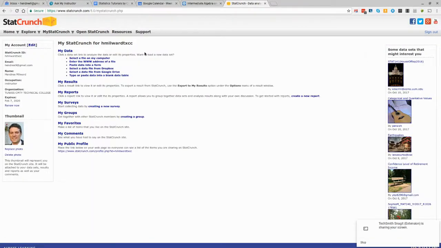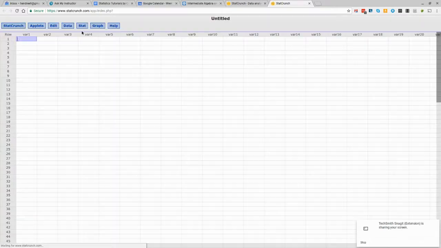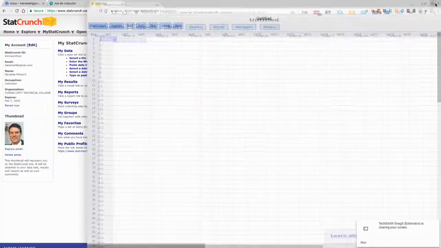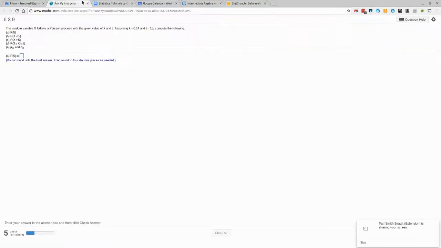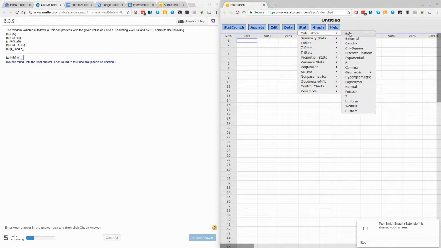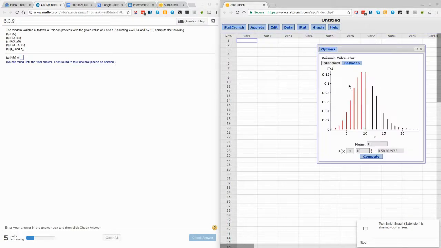I just go over here. So under the calculators, let's see if I can do this to the side and go back to the question on this side. Under the calculators, I think it's stat calculators, there's the binomial calculator that we used in chapter 6.2, but now we're going to go down to Poisson.